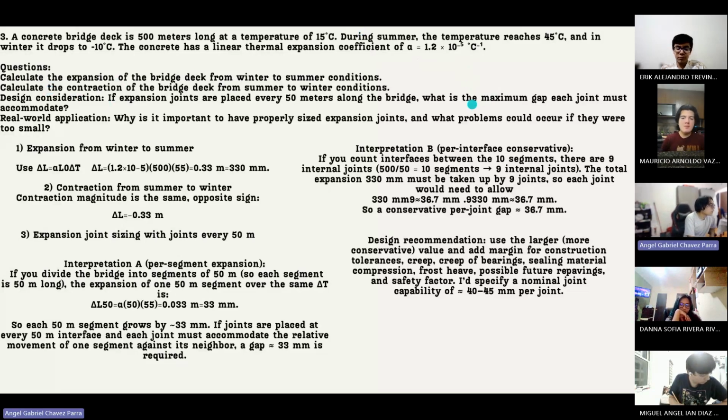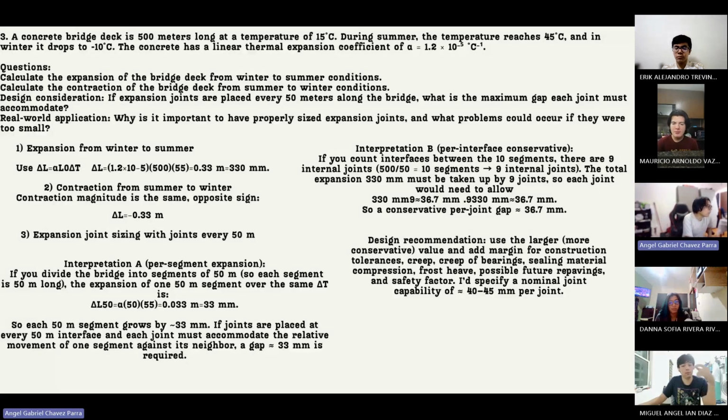Questions: calculate the expansion of the bridge deck from winter to summer conditions. Calculate the contraction of the bridge deck from summer to winter conditions. Consider the same if expansion joints are placed every 50 meters on the bridge. What is the maximum gap each joint must accommodate? Real world application: why is it important to have properly sized expansion joints? What problems could occur if the joints are too small?